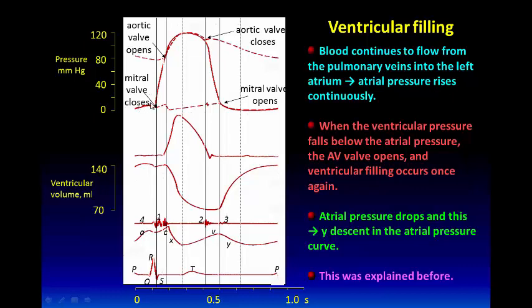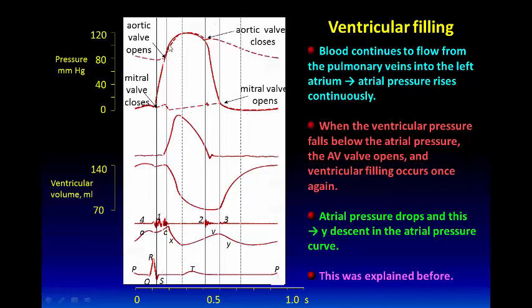These are the pressure change curves, the left ventricular pressure curve and the aortic pressure curve. So this is the left ventricular pressure, approximately 0 or 3 to 4 millimeters of mercury, and the pressure increases during the isometric contraction phase, and when the left ventricular pressure exceeds the aortic pressure, the aortic valve opens.